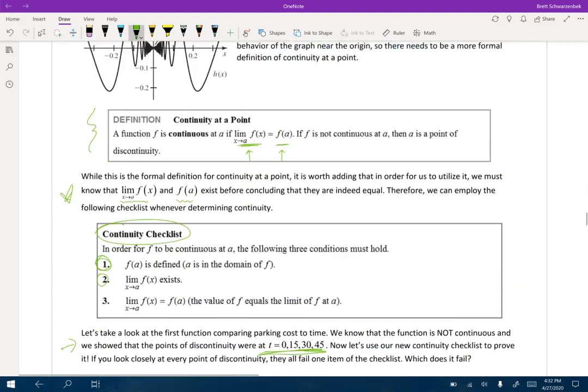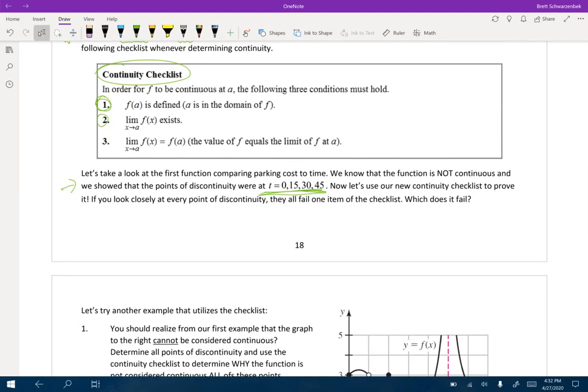So the answer to this is basically number 2 of the continuity checklist fails every time.